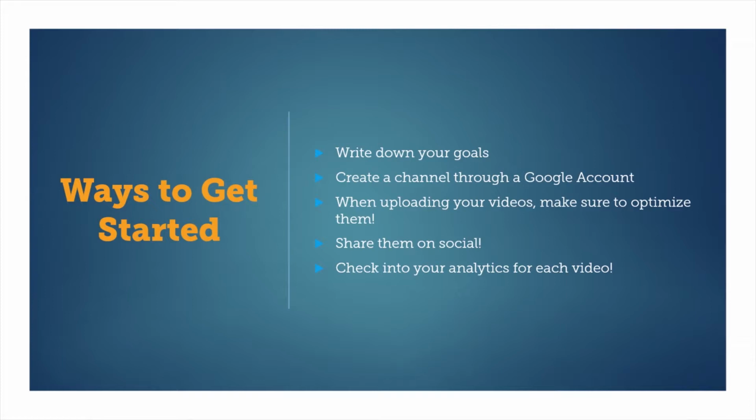We recommend tracking watch time, average view duration, audience retention, and traffic sources. Where's that traffic coming from? How long are people watching the video? Are they dropping off after 30 seconds? Are they watching the full video? All of these little elements go into the algorithm for YouTube and how those videos get played and pushed to more people.